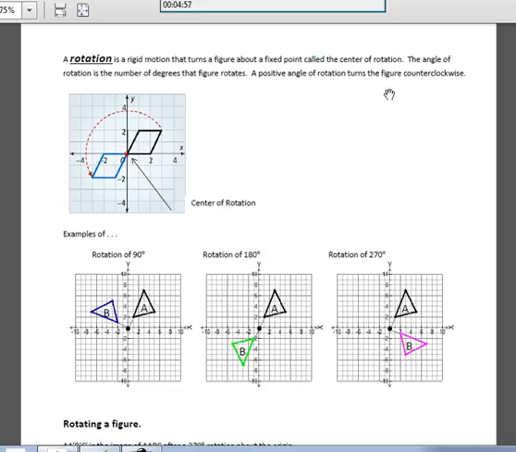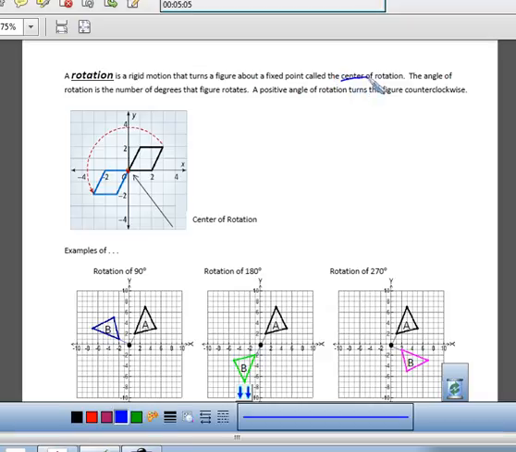The center of rotation is the point that we are rotating around or about. The angle of rotation is the number of degrees the figure rotates. A positive angle rotation turns the figure counterclockwise. So I want to talk about the number of degrees. We'll be focusing mostly on 90 degrees, 180 degrees, 270 degrees, and 360 degrees.